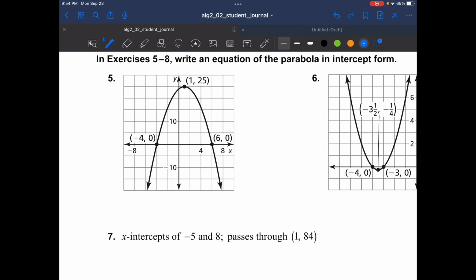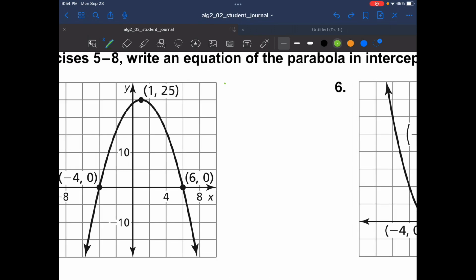Okay. Now we're going to be working with intercept form. One, I know that it says intercept form here, so I know that's what I'm going to be working with. Two, I noticed that it gives me the intercepts as well. So my brain goes, oh, I should be using intercepts here. Okay, so let's go over this next part. So I'm going to write out my expression first.